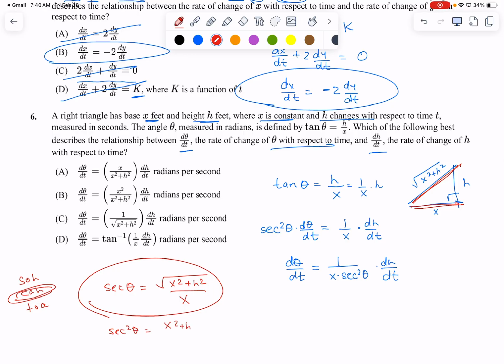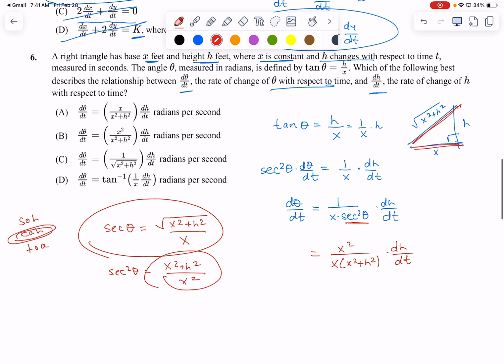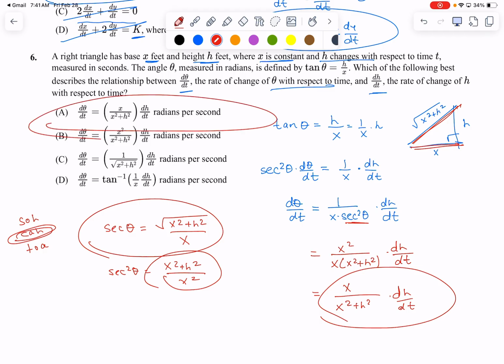X squared plus h squared over x squared. Now I can put that in for secant squared, which is in the denominator. Since it's in the denominator, you multiply by the reciprocal. So the x squared goes on top and the x squared plus h squared goes on bottom. Then you can cancel out one of the x's. So you get x over x squared plus h squared times dh dt. They're so predictable, because it looks like the answer is A again.